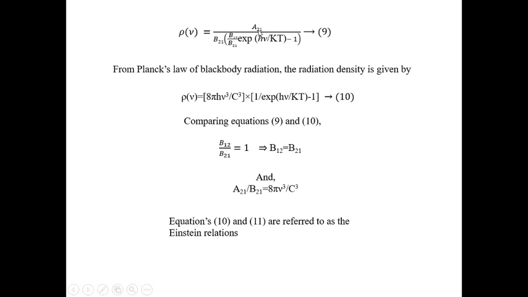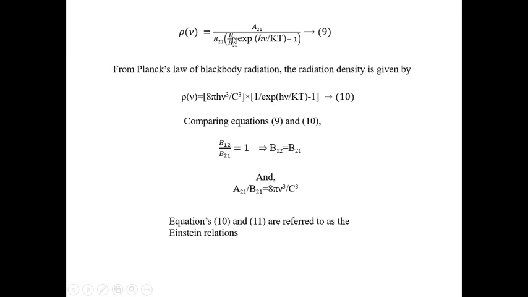By comparison, in the place of A21/B21, A21/B21 is equal to 8πhν³/c³, and in this one exp(hν/kT) minus 1.